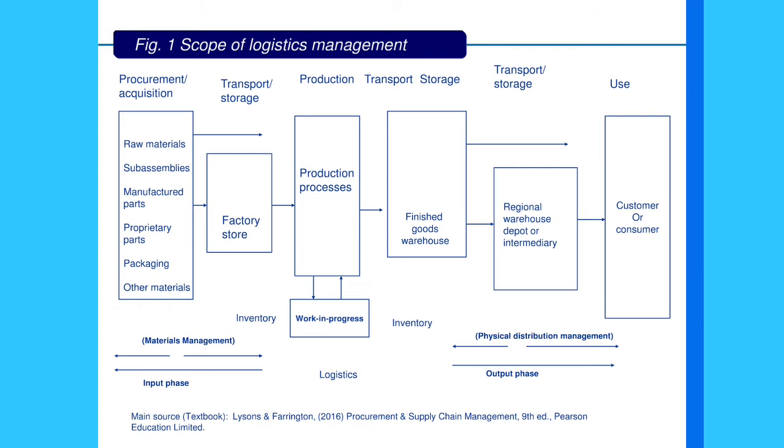So now, where does logistics lie in the whole supply chain? Supply chain is a bigger concept than logistics, like logistics is a larger concept than materials management or physical distribution management. Similarly, supply chains connect not only single organizations but an organization with its supplier and an organization with its buyer.